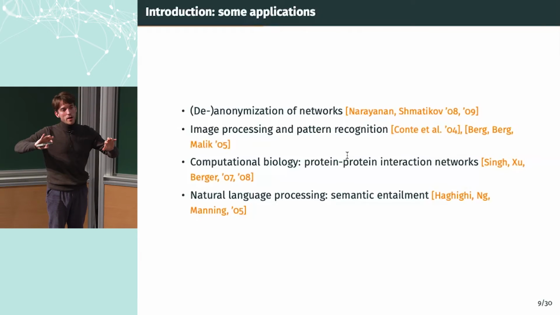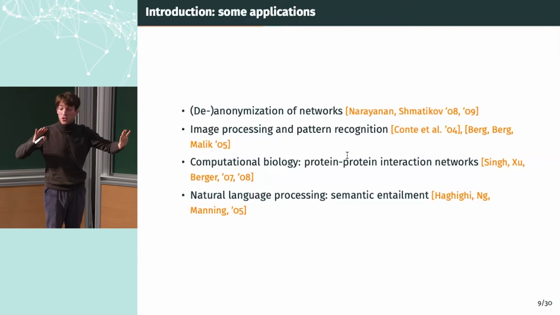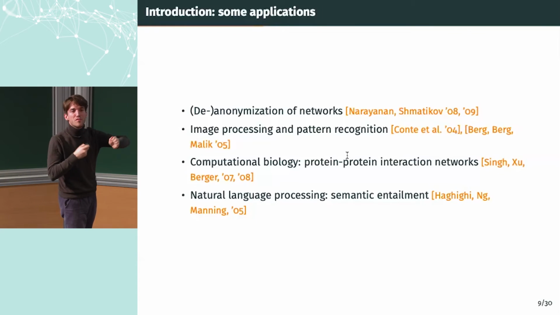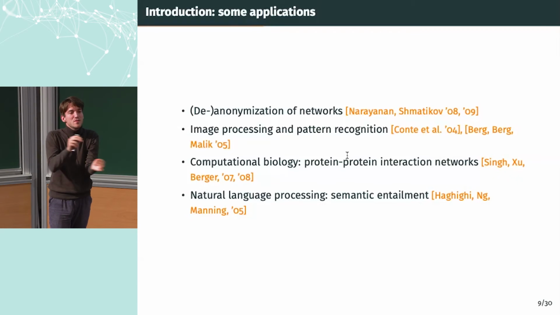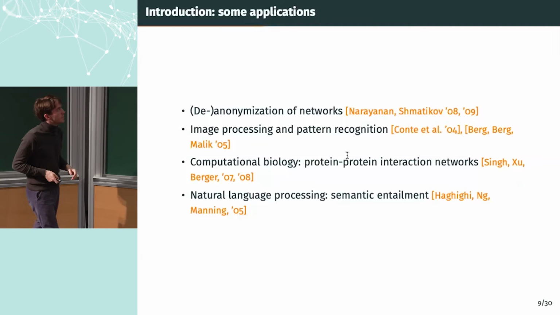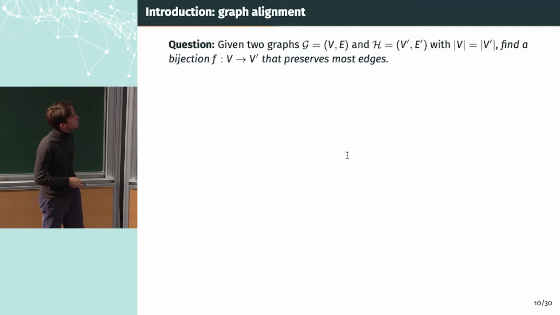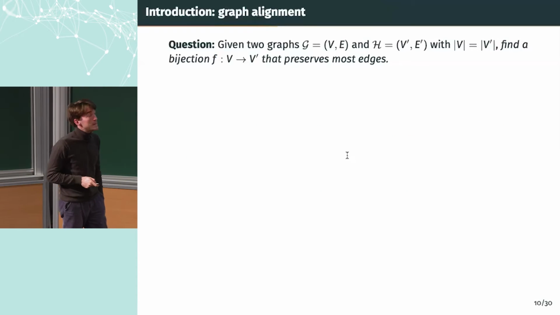If you are able to align these kinds of big graphs, even across different species, sometimes they do this, like you take a mouse cell and a human cell and align these two protein interaction networks, you can infer some properties on the role of this protein for the mouse and this protein for the human, and the roles may be comparable if you're able to align these graphs. Okay, just a few applications.